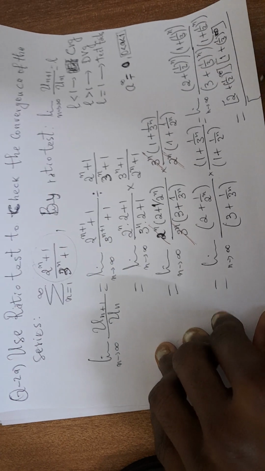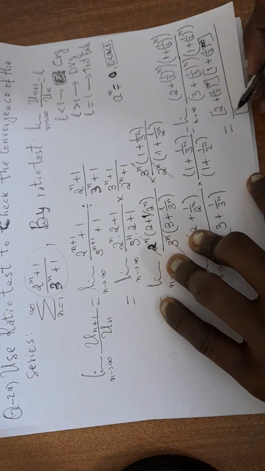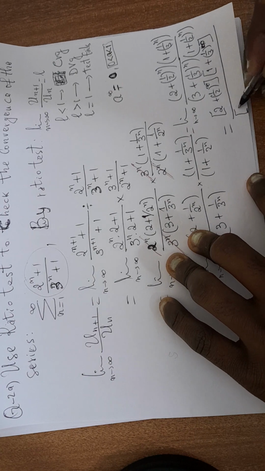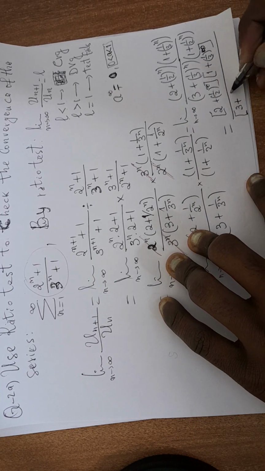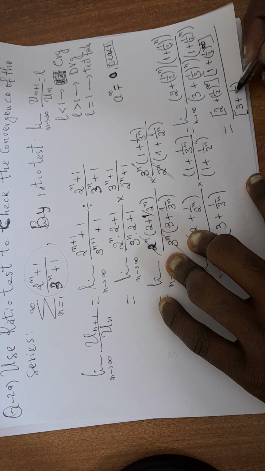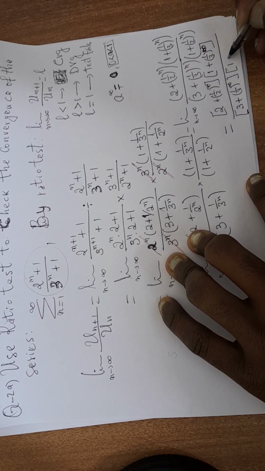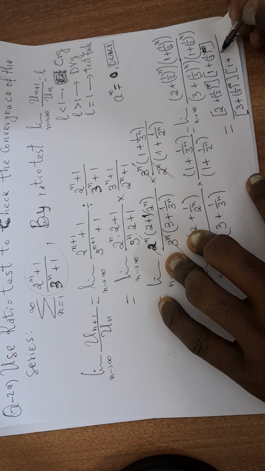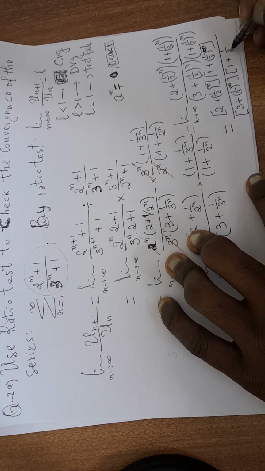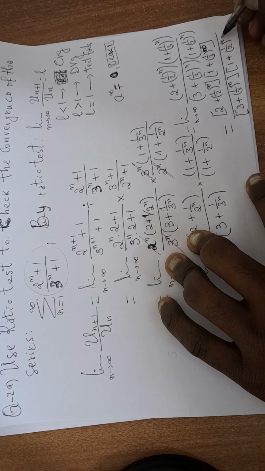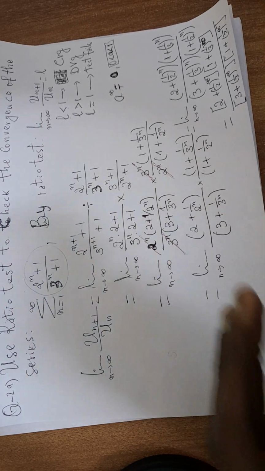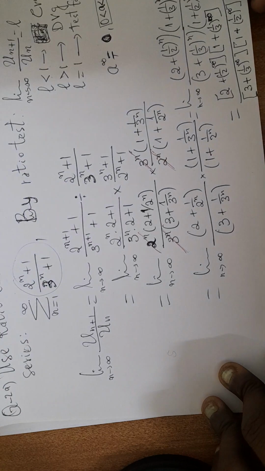And here also the same thing: 3 plus 1 by 3 to the infinity, times 1 plus 1 by 2 to the infinity.